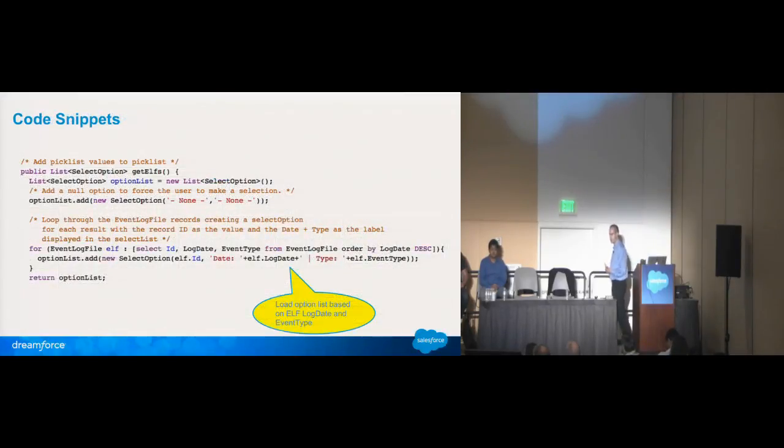All right, a couple things about this code. First thing is, right now, I want to create that pick list so that it gave me the ability to have my log date and that event type in the pick list. But most importantly, if I picked something, it needed to have an ID so that I could make a second query to pull back that log data.